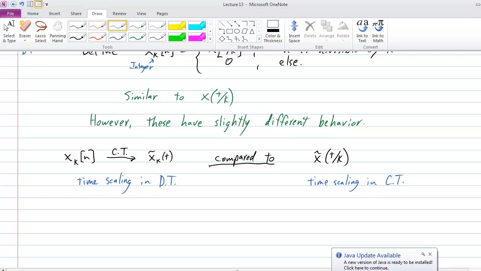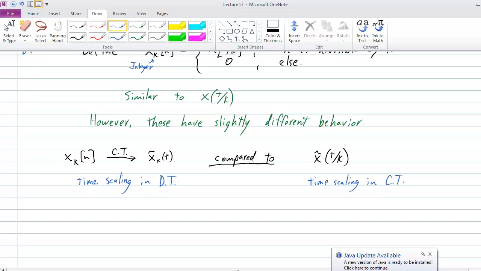So the Fourier series synthesis is the following: x of t equals the sum, k equals negative infinity to infinity, of a_k e to the i 2 pi k over T t.